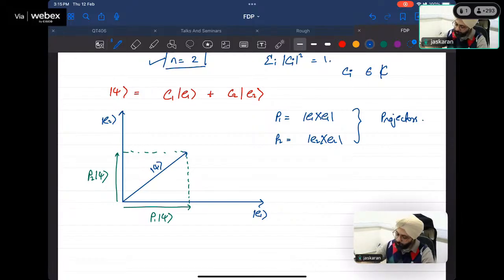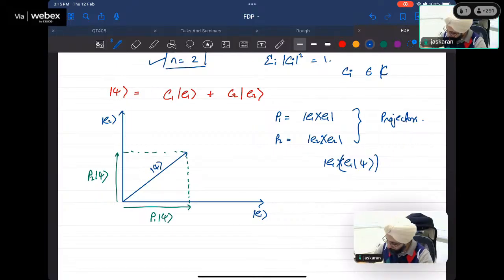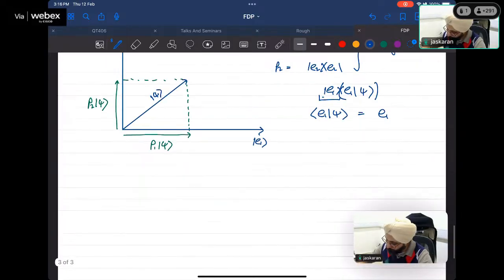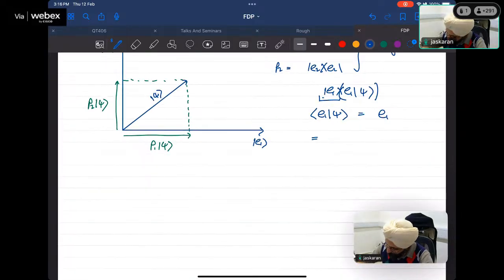What they do is project onto the e1 basis element or the e2 basis element. So for example, if I take ket e1 bra e1 acting on ket psi, it will take the inner product of e1 and psi, which gives some coefficient value, and the state ket e1. Let us say the inner product of e1 with psi is some value, which I call small e1. Then what I have is e1 ket e1.